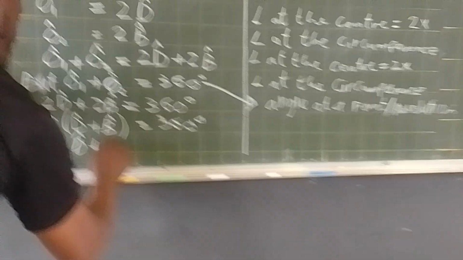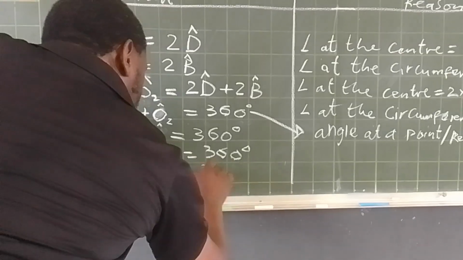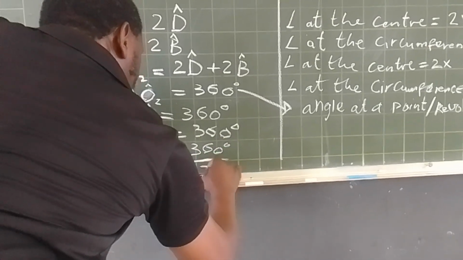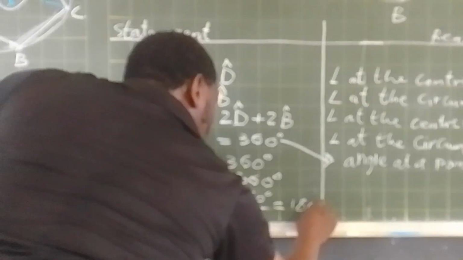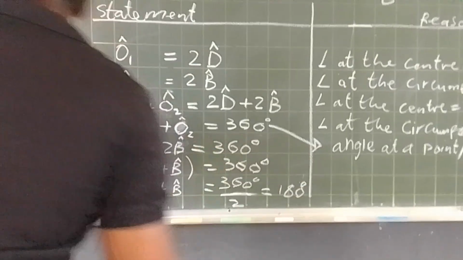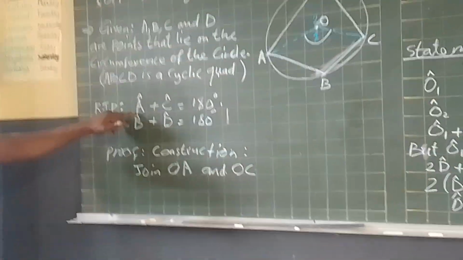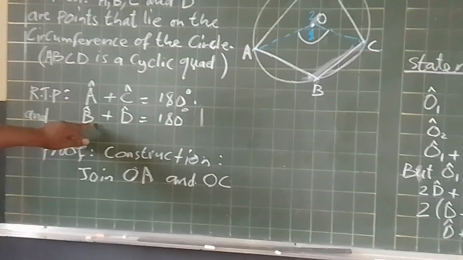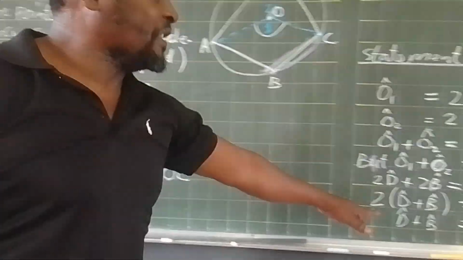Therefore, D plus B is 360 degrees divided by 2, which is 180 degrees. We have proven. We were required to prove that angle A plus C is equal to 180 degrees and angle B plus D is equal to 180 degrees.